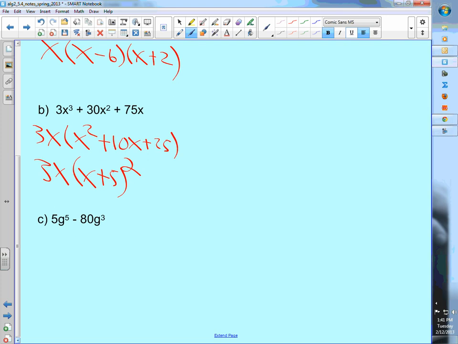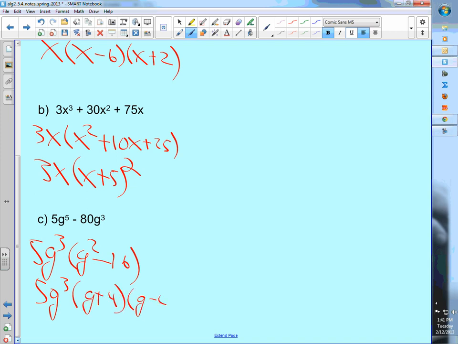What's common here? And you'll be left with g squared minus 16, which is the difference of 2 squares. Okay? This is a big deal, this first step to factoring.